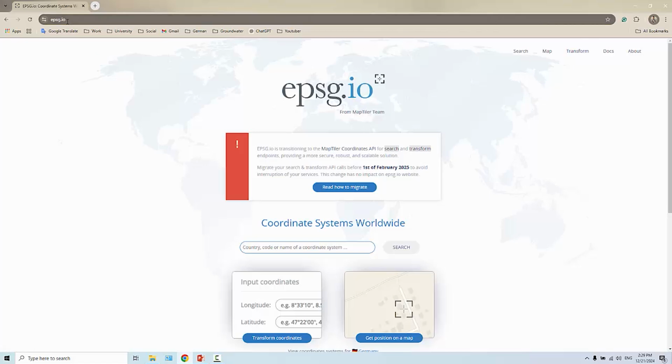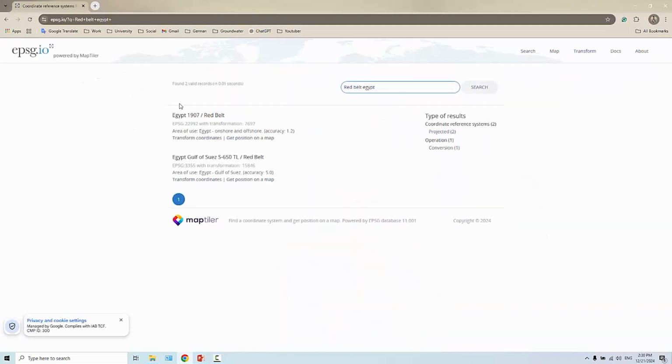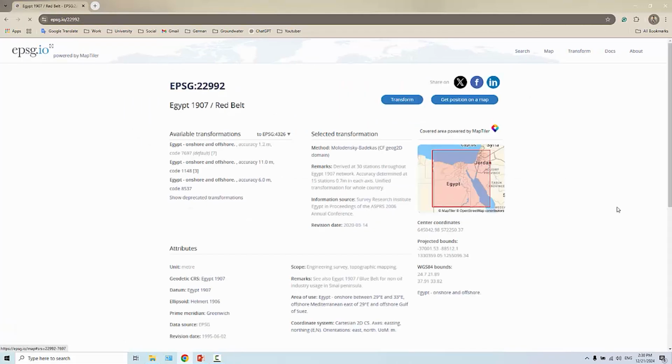You just write epsg.io, and on this website you can, for example, write Red Belt Egypt, and let's see. And as you can see here, I found it. This is Egypt 1907 Red Belt. Click on this.